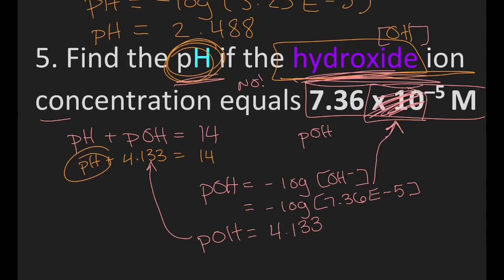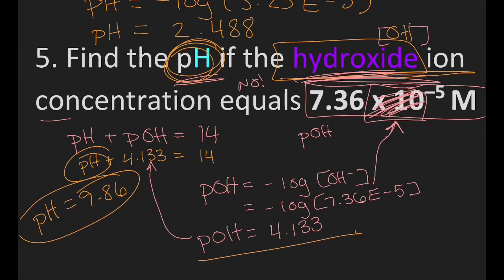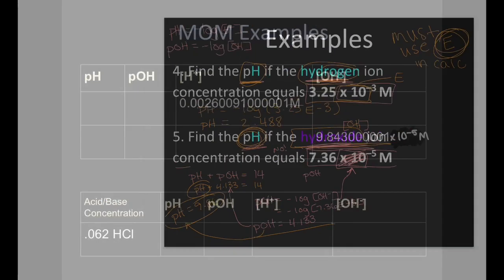What do I need to add to that to get to 14? My pH equals 9.86. All we did is use our formula to find the pOH so that I could then convert my pOH to pH.